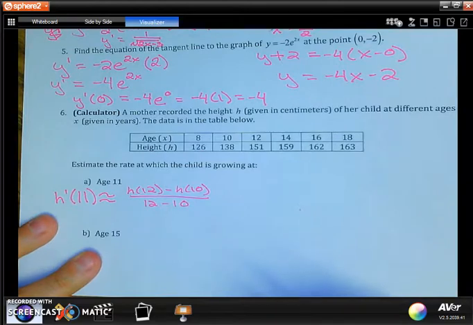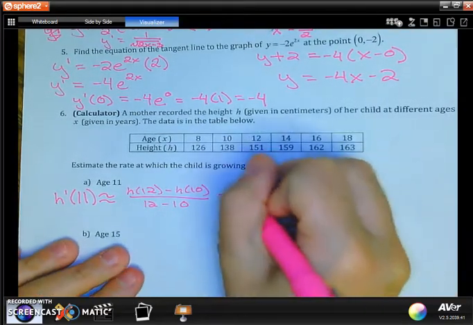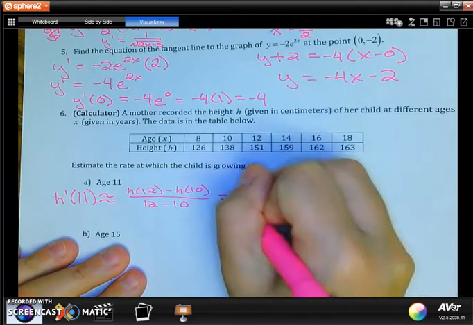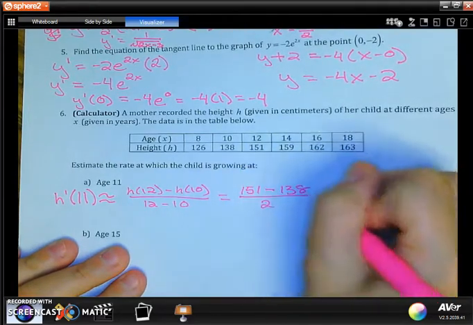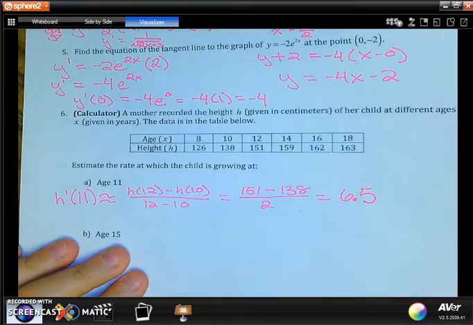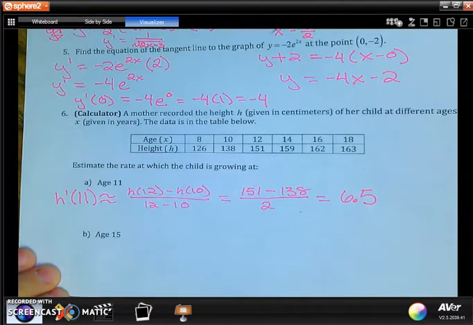You can go ahead and grab all that info from the table. Over 2. And I think that ends up to be 6.5 if you type that in correctly. Okay. So there's the approximation.